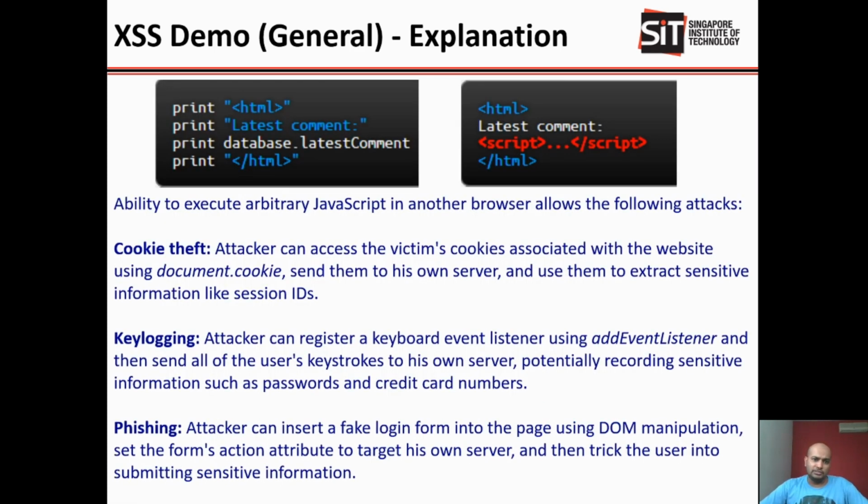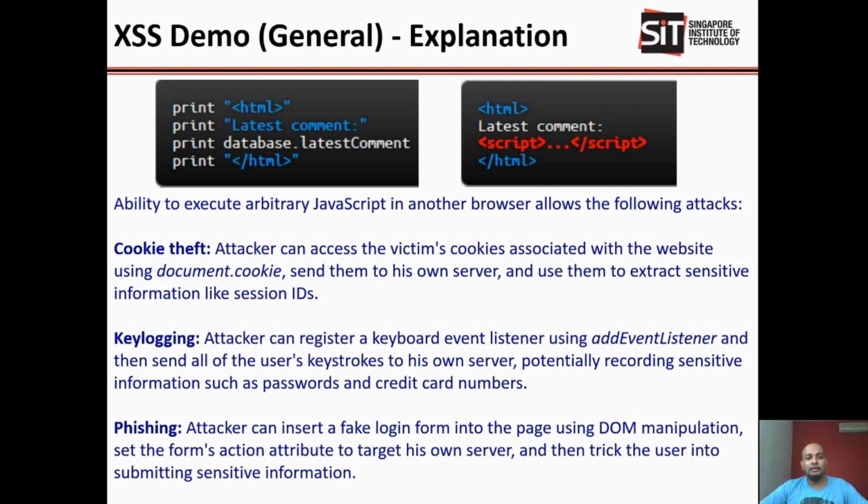To explain this, the ability to execute arbitrary JavaScript in another browser allows the following attacks. Cookie theft: an attacker can access the victim's cookie associated with the website using document.cookie, send it to his own server, and use it to extract sensitive information like session IDs.